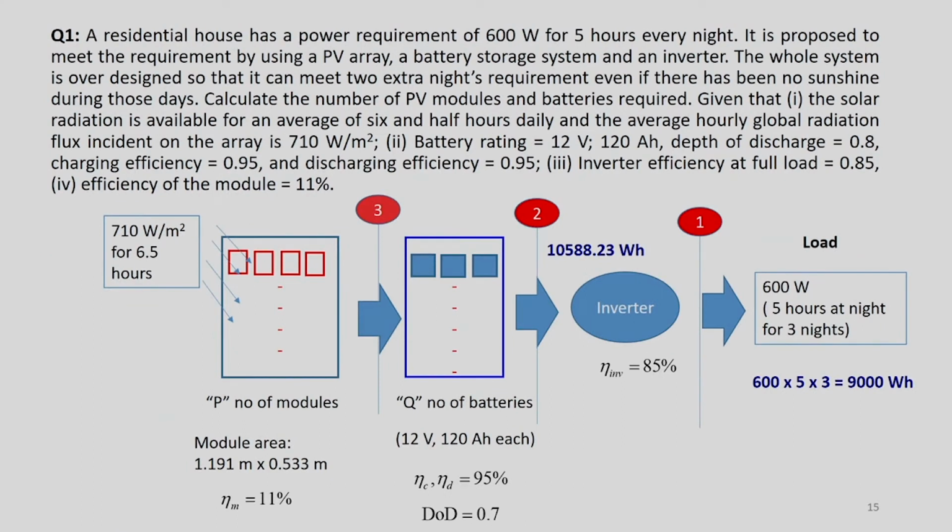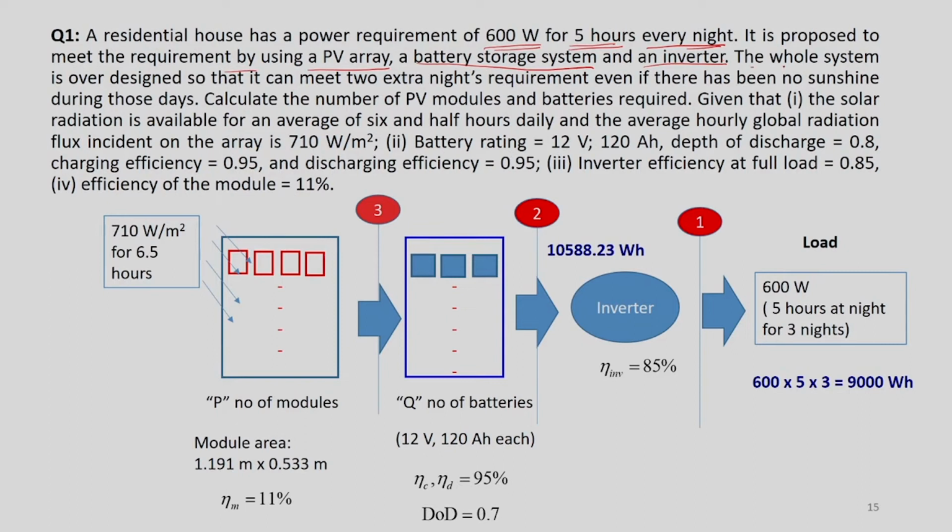So, let us take an example to understand how we can design a standalone PV system. This example goes something like this. A residential house has a power requirement of 600 watt for 5 hours every night, and it is proposed to meet the requirement by using a PV array, a battery storage system and an inverter.